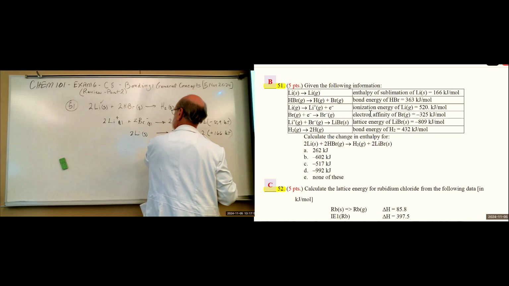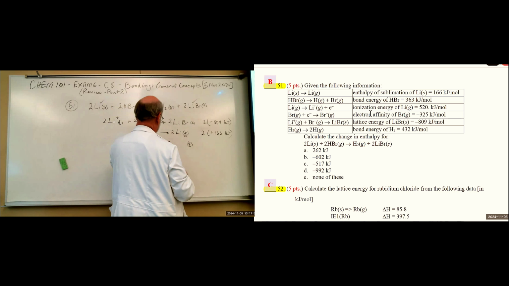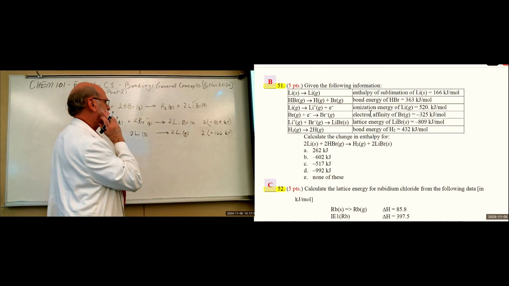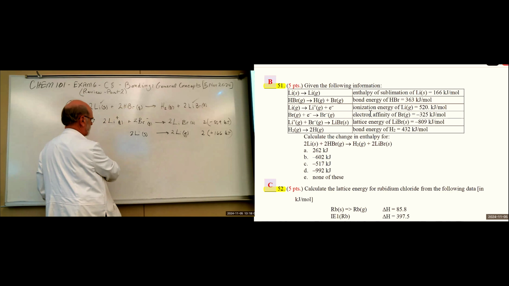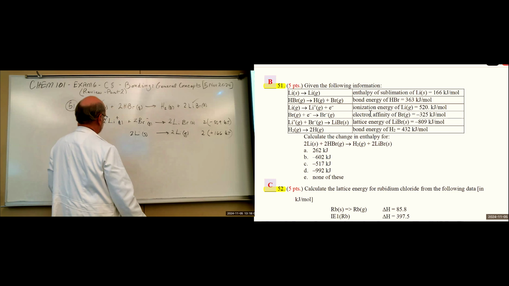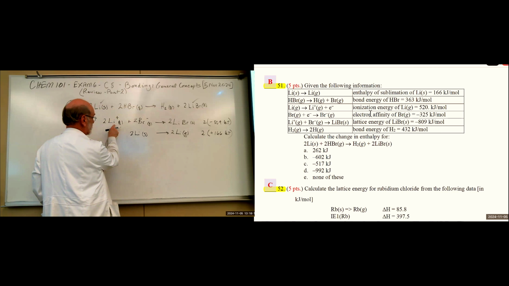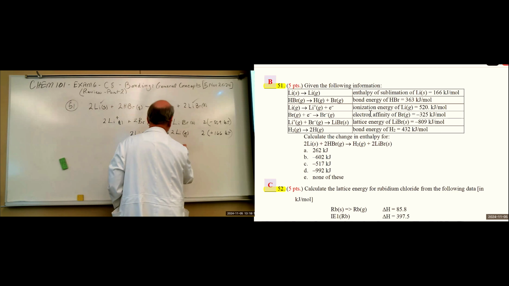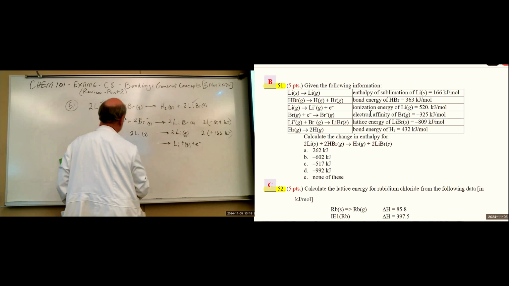This one needs to be, let's see. Yeah, ionization energy needs to fit in there somewhere because we need to produce this one. Actually, this one needs to be canceled out because it can't be up there. So that means this lithium plus needs to be on that side with this electron.